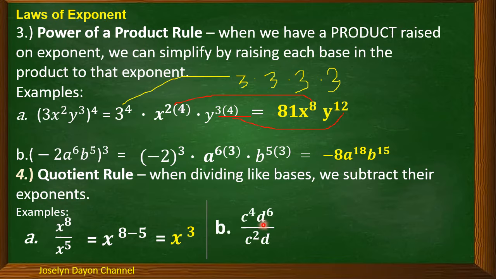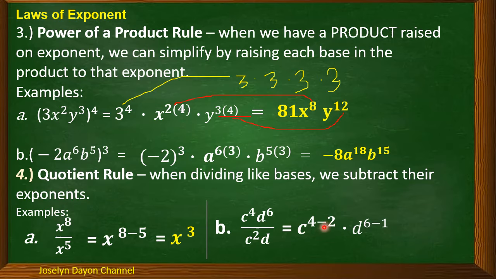Another example, c to the power of 4, d to the power of 6 over c squared d. Okay, so here we are dealing with two variables or two bases. So we have c and then 4 minus 2.